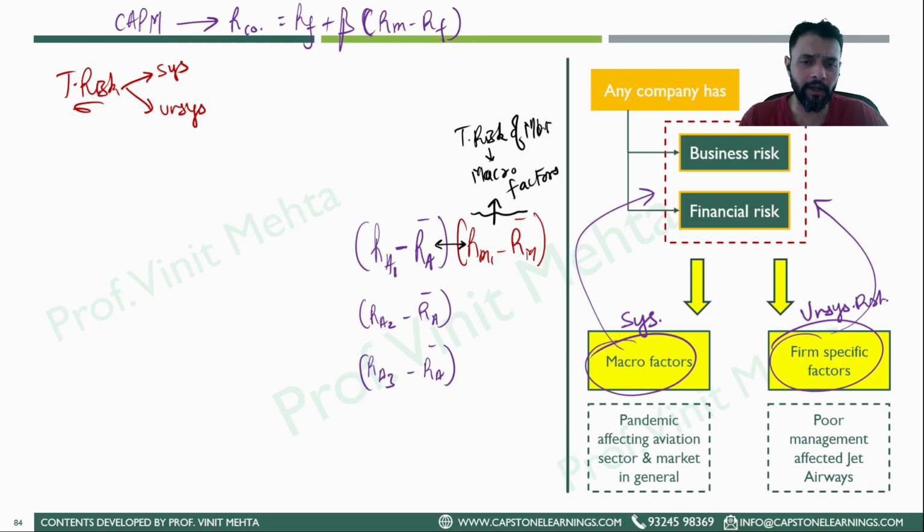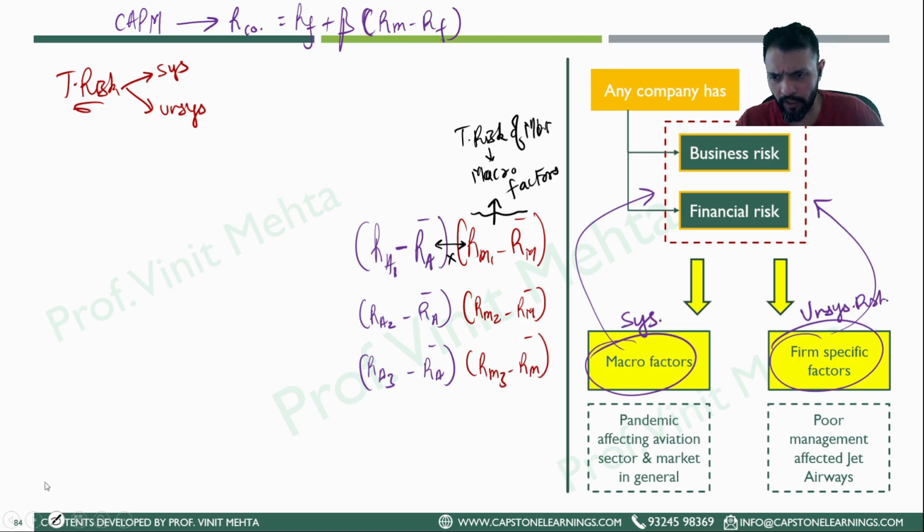That's the reason why I am proposing, why don't we just multiply each of the deviations? Wait a minute, let me just write it down. Why don't we just multiply each of the deviations of the company returns and the market returns?